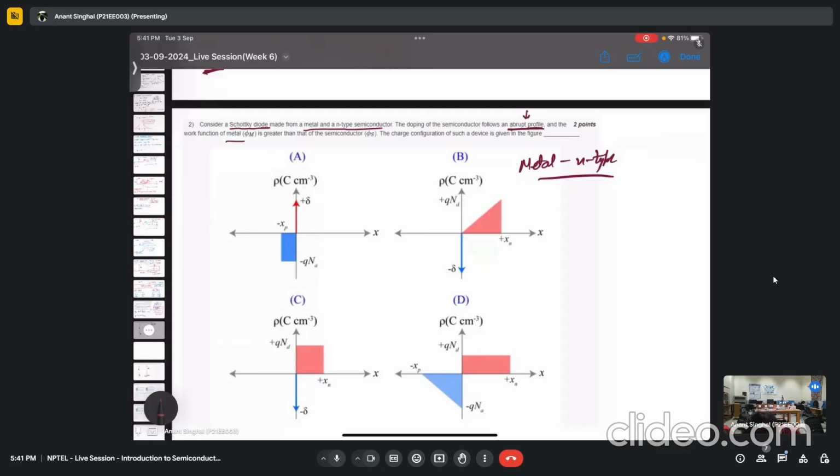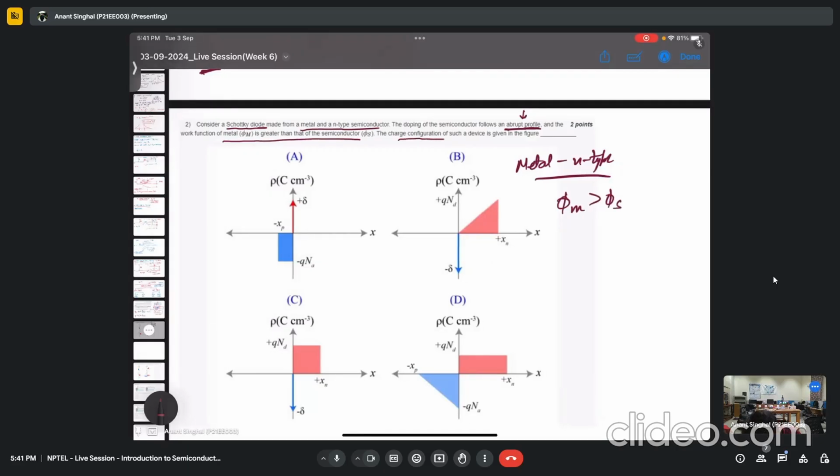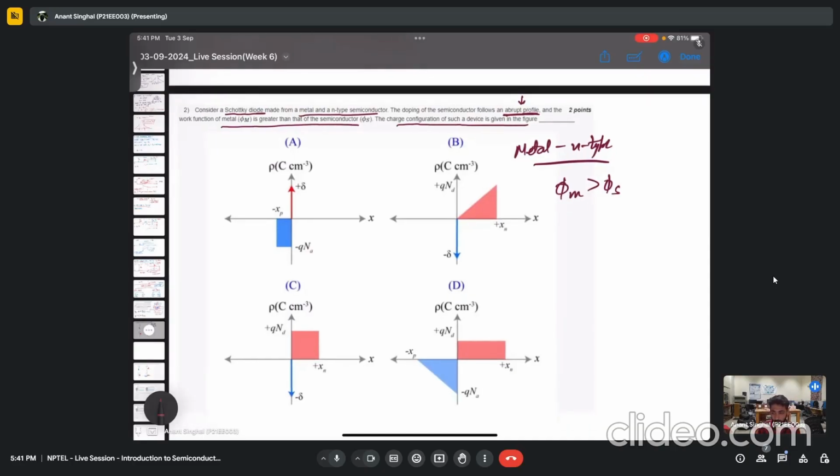And the metal work function is greater than that of the semiconductor, so we have the case phi m greater than phi s. We need to tell what the charge configuration will look like. We have all four options. You can give it a thought and let me know the answer in the chat box. You can take 1 or 2 minutes to try it out. Otherwise, I'll solve it.